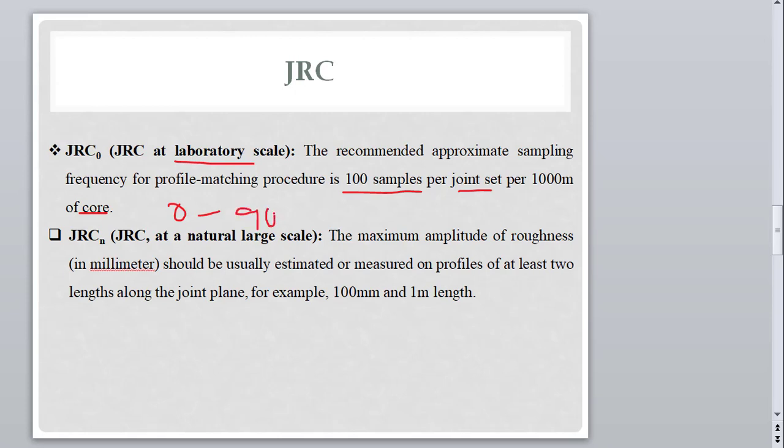We have to collect at least 100 readings from the core sample so that we can arrange the mean of the profile and calculate the JRC in the core samples. When we talk about the field, we have to collect at least two lengths along the joint plane, for example 100 in 1 meter length.